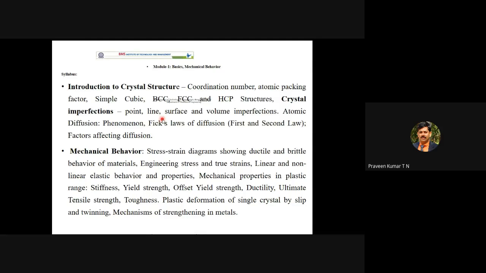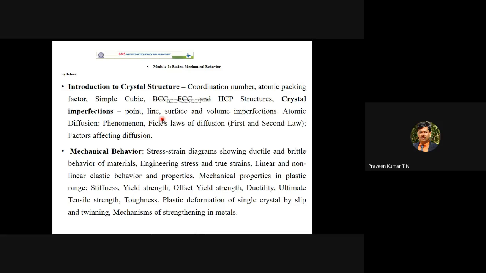But when you come to a solid, you are given a piece of metal. Theoretically, you are saying that atoms are fixed. There is no movement of the atoms at room temperature, but still there is some movement of atoms. The movement of atoms in solid materials, especially in metals, is what you are discussing in the atomic diffusion process.